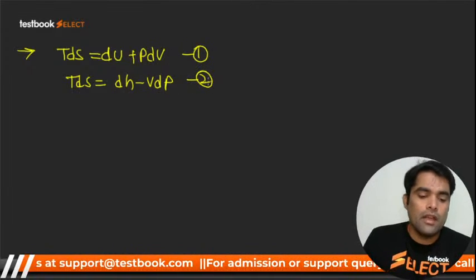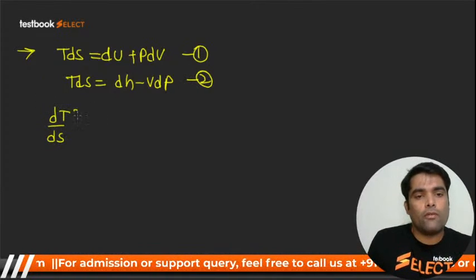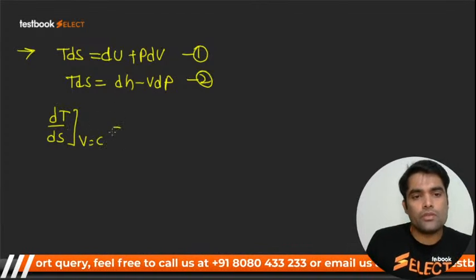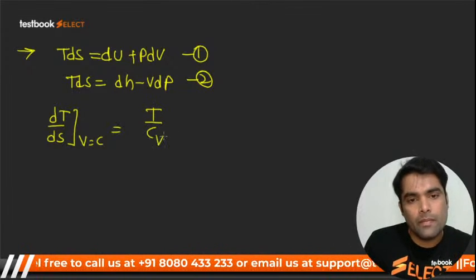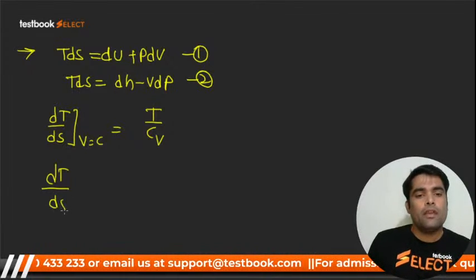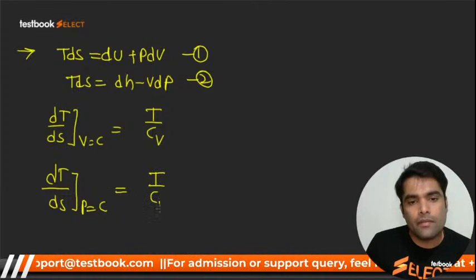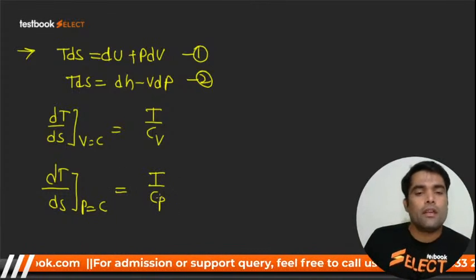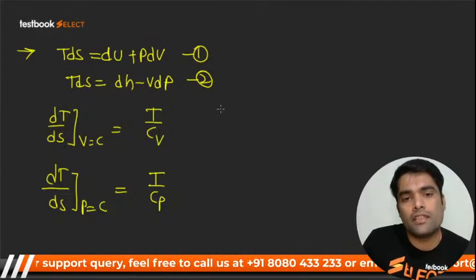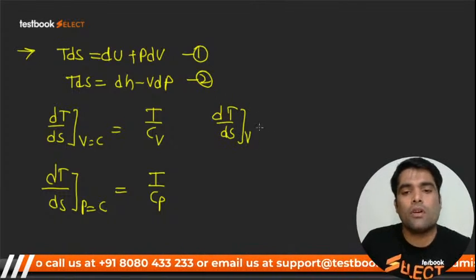Remember one thing, and I want to tell you about the slope. The slope of dT by dS at constant volume should be T by Cv. And the slope on the TS plot at constant pressure is T by Cp. Now you have to tell me which one is greater.